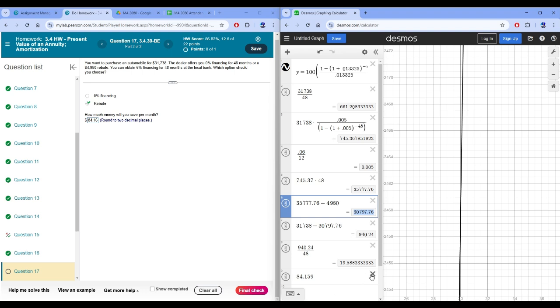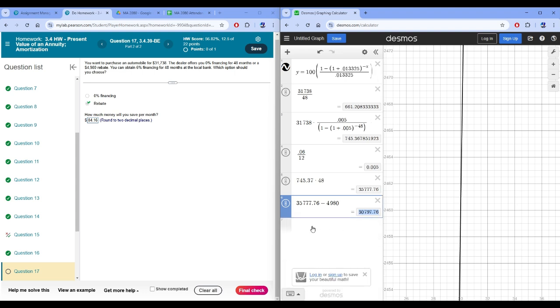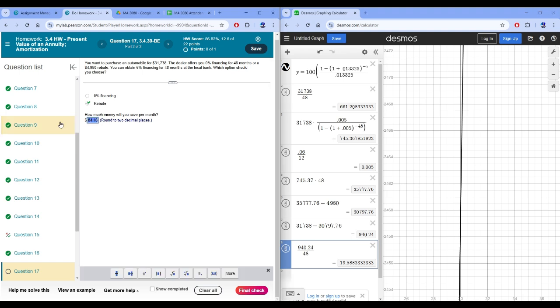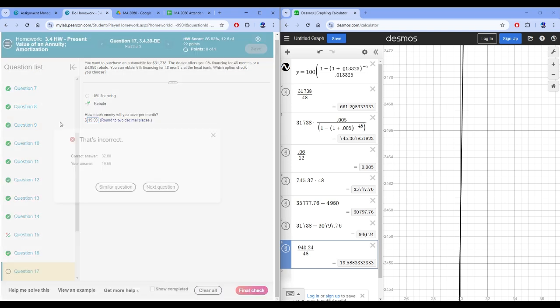Control copy. It's that number. 31,738 minus that. Control V divided by 48 gives me 19.58. $32.80. I was not close.